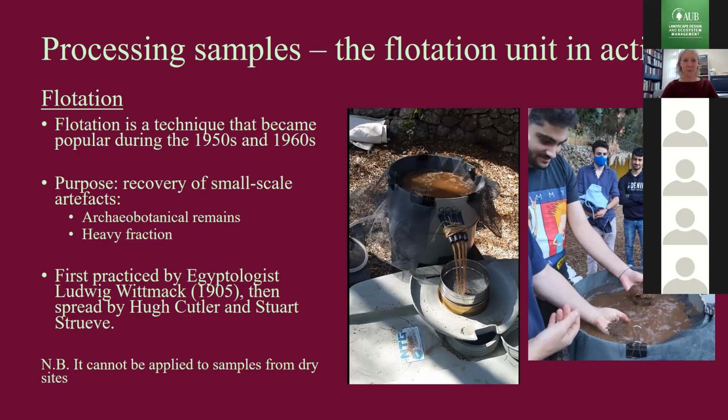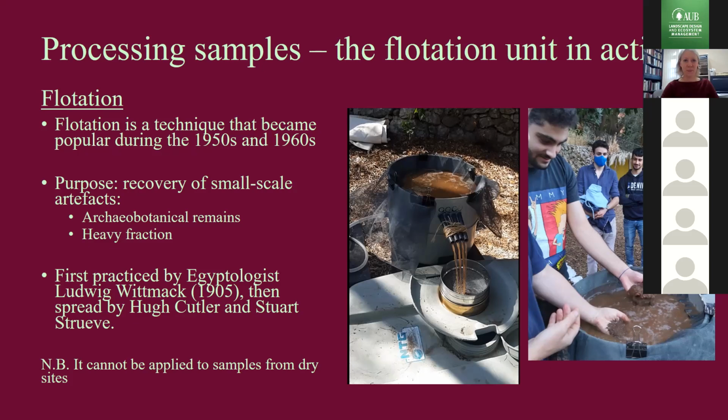This technique is based on the density of the artifacts, and it is used to separate the artifacts based on their density. It uses water to separate them. The heavy fraction stays at the bottom of the tank, and light fractions such as archaeobotanical remains, organic seeds, and carbonized seeds go on the top and are recovered.